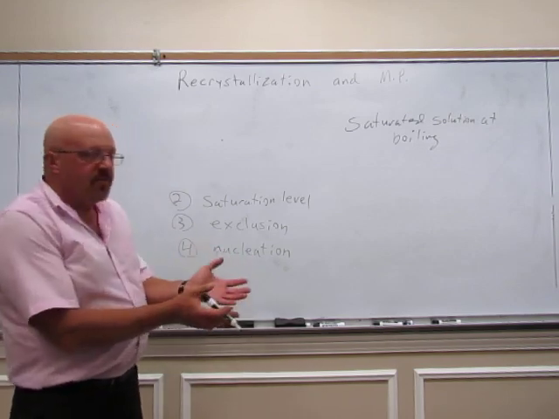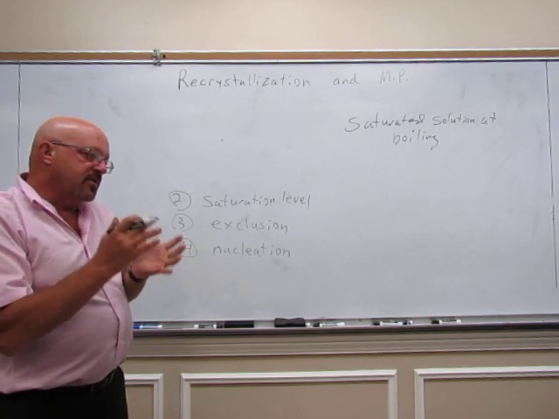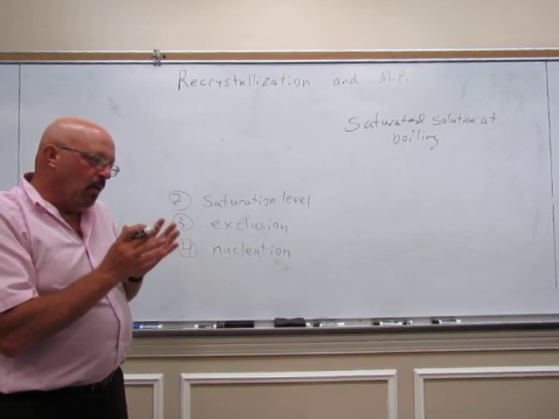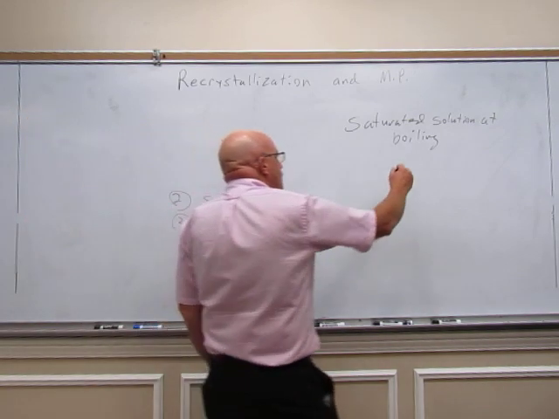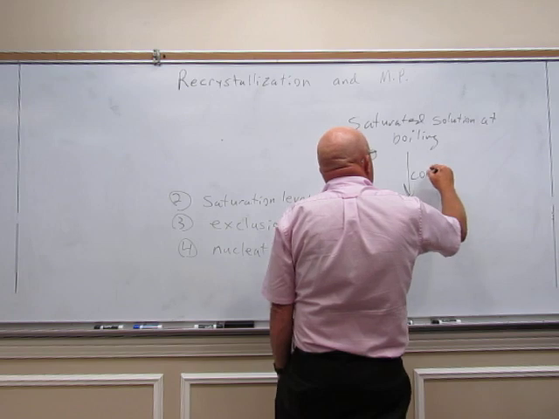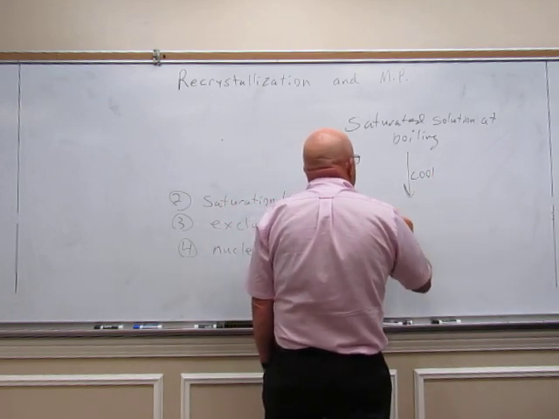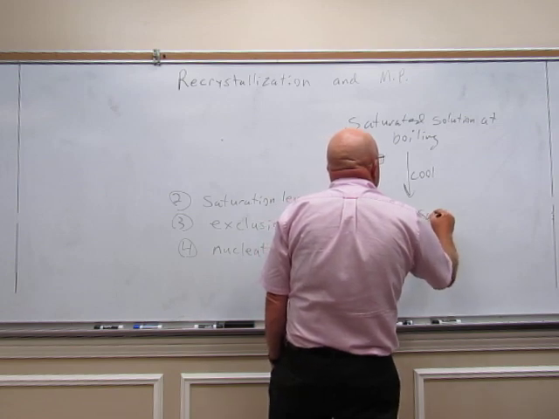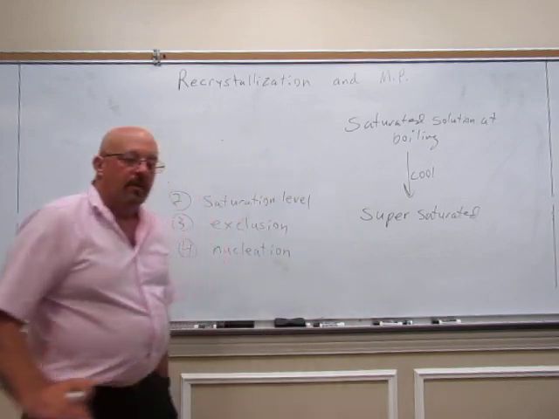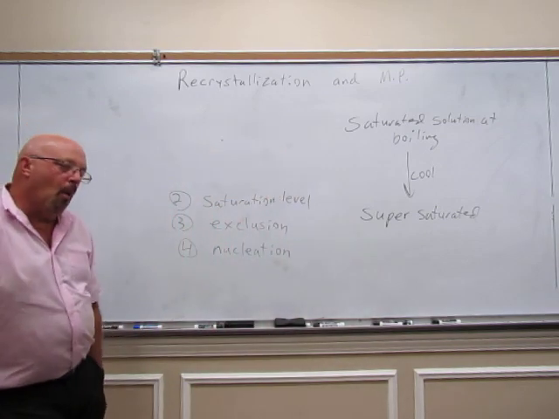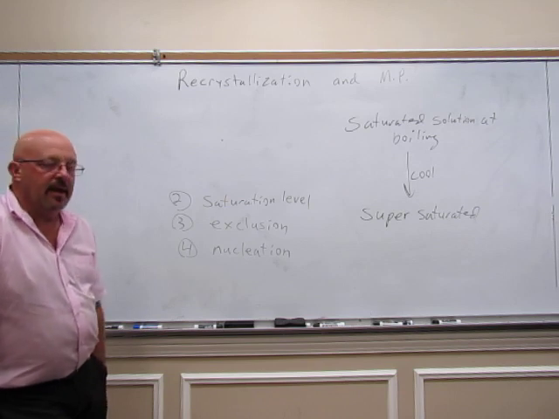Now, as we cool the solution, as we allow it to cool, remember we chose a solvent that would dissolve the solute well at the high temperature at boiling, and one that would not dissolve it well at low temperatures. So as we cool, the solution becomes supersaturated. That means that it has more than it can dissolve. The solvent has more solute than it can hang on to.